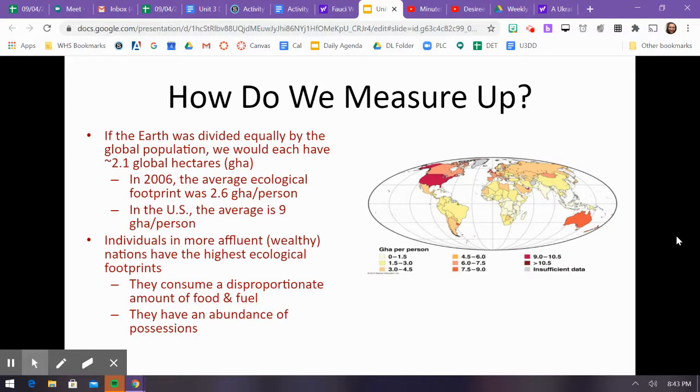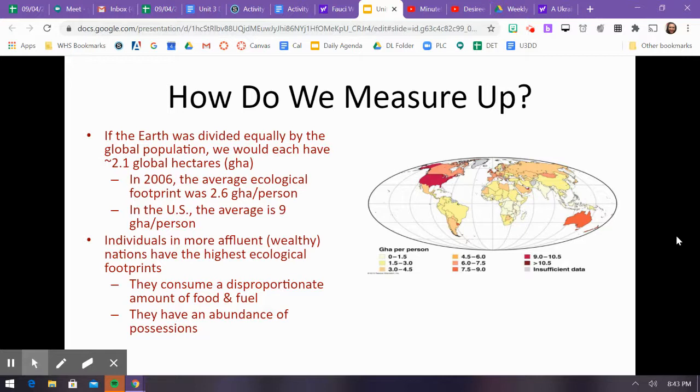So if the Earth was divided equally by the global population, we would each have 2.1 global hectares. In 2006, the average ecological footprint was 2.6 GHA per person.